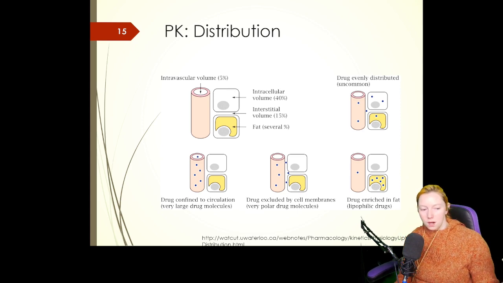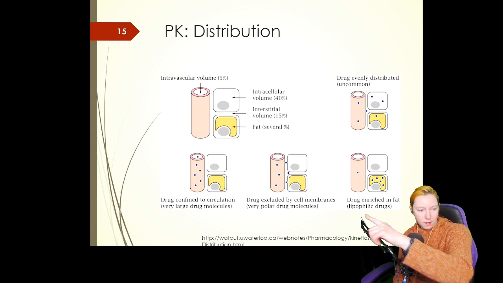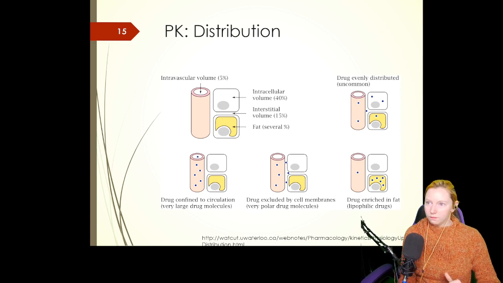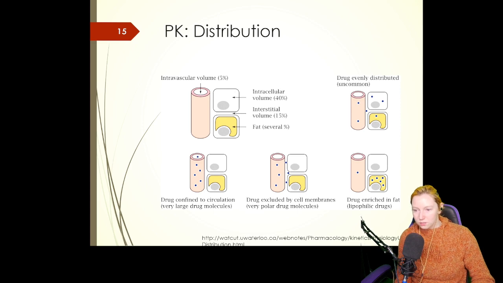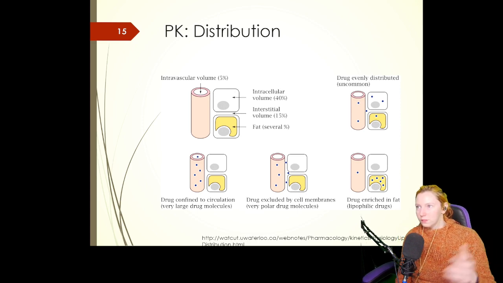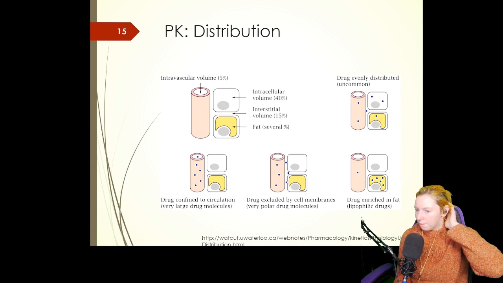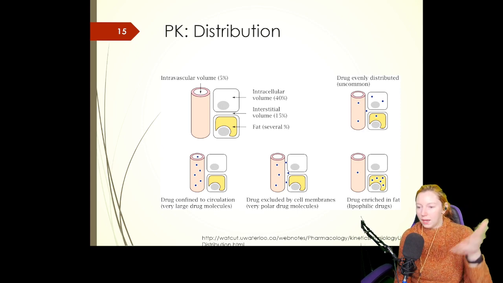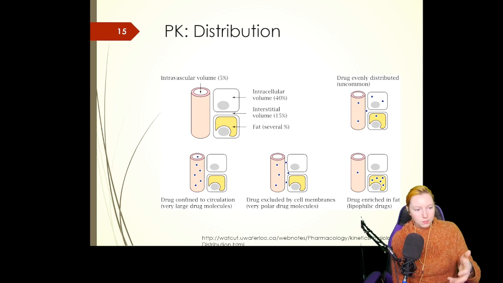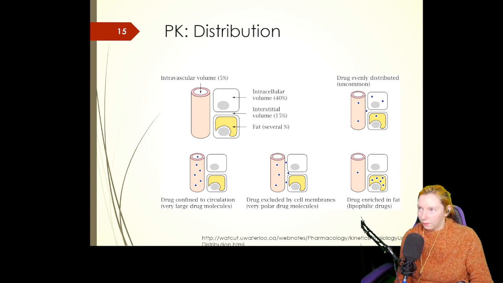So there might be large drug molecules, as you can see on the left bottom there, that are really confined in the circulation. So once they're in the bloodstream, they don't really make it very far out of there. We have certain drugs that maybe are very polar charged, so they have a charge to them that can make it out of the vasculature, but can't really get into the cells.